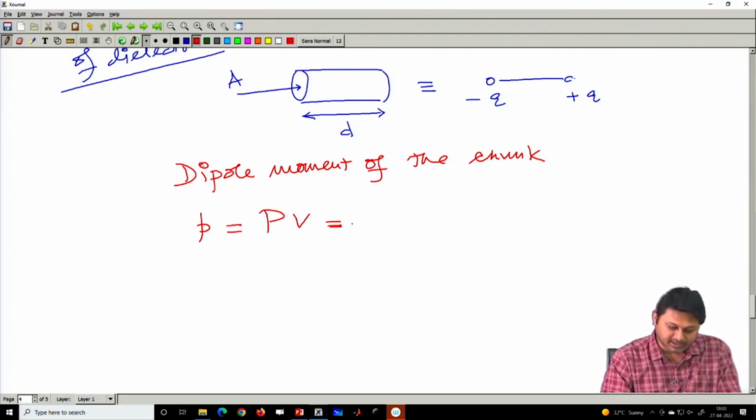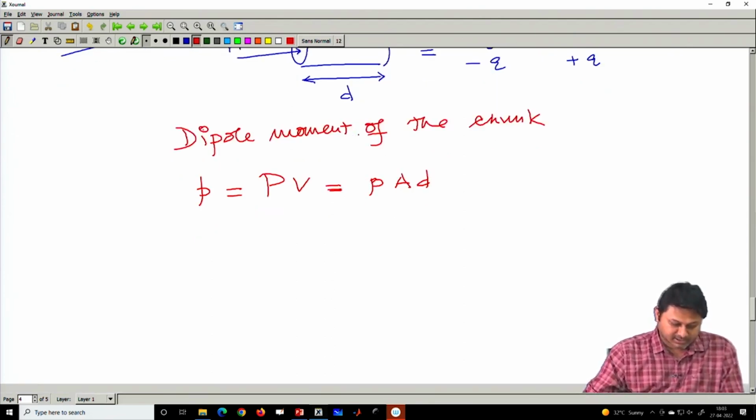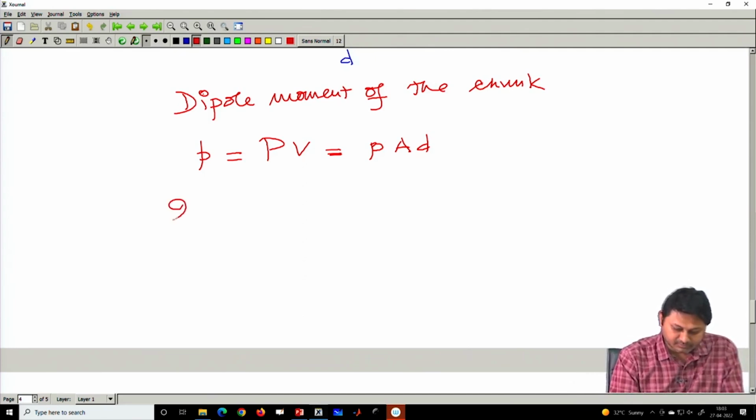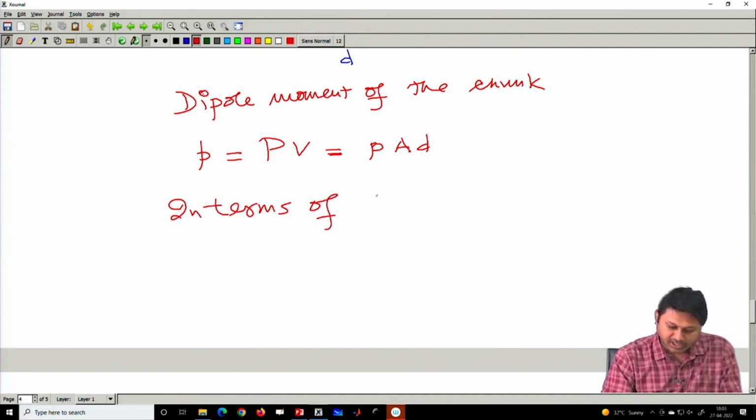So, that is equivalent to P, and the volume is A multiplied by D, because A is the area and D is the length. Now, in terms of charge q, what should I write? The dipole moment p is simply q multiplied by D.